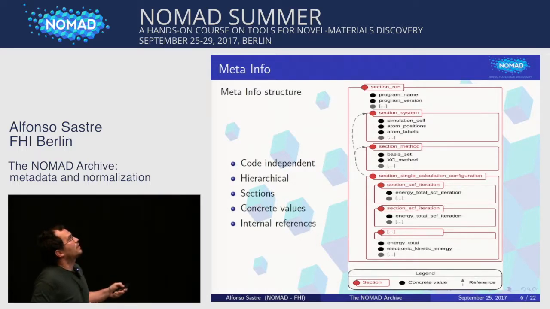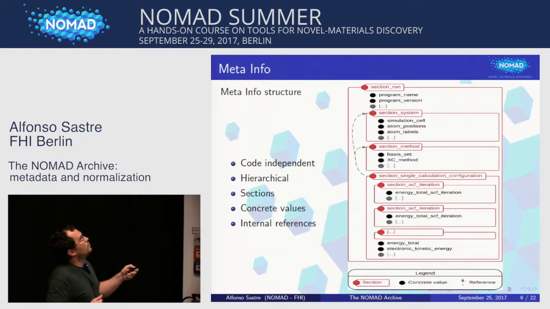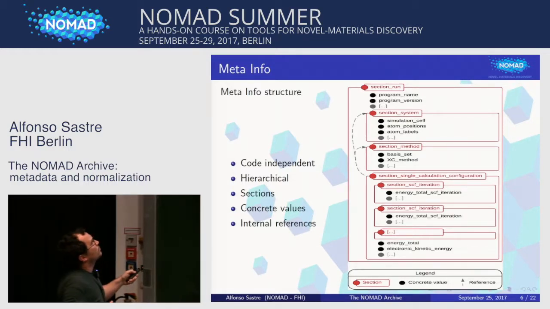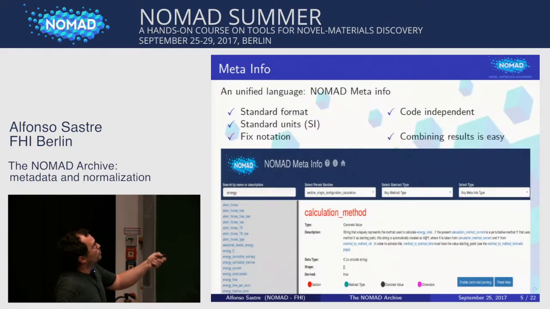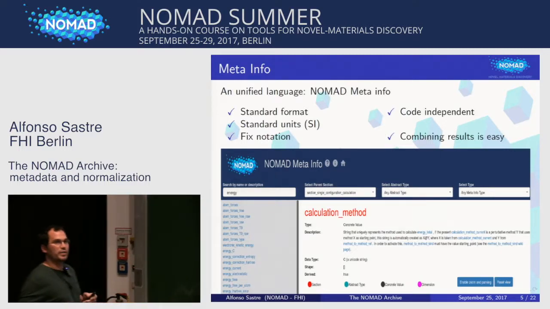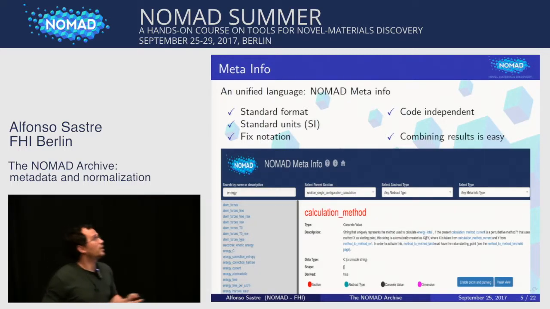And we have several sections that contain several different pieces of information. Each metadata with a concrete value, the final value, is contained in one specific section. If you go to the web page, there is a diagram where you can see which section it belongs to and how it's related.